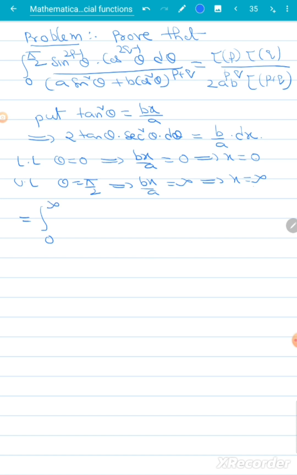Now I would like to divide the numerator and denominator by cos square theta.